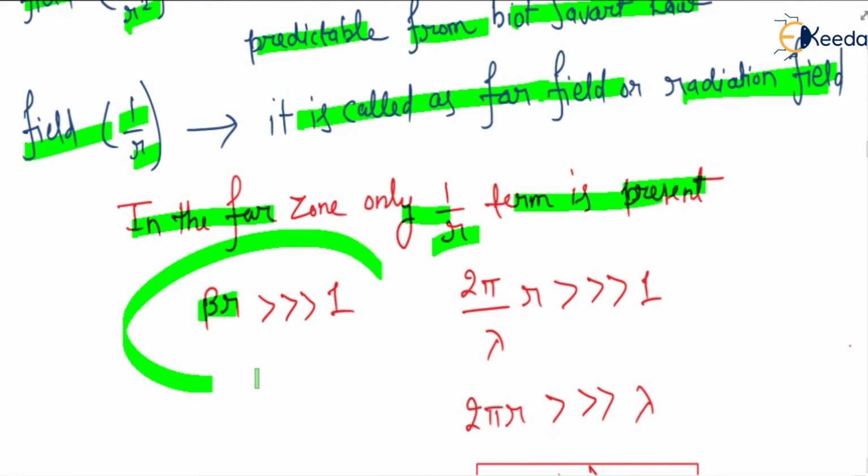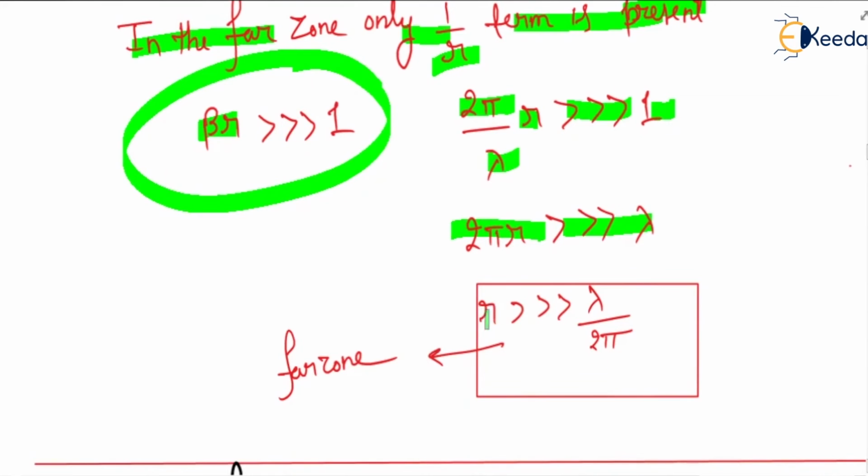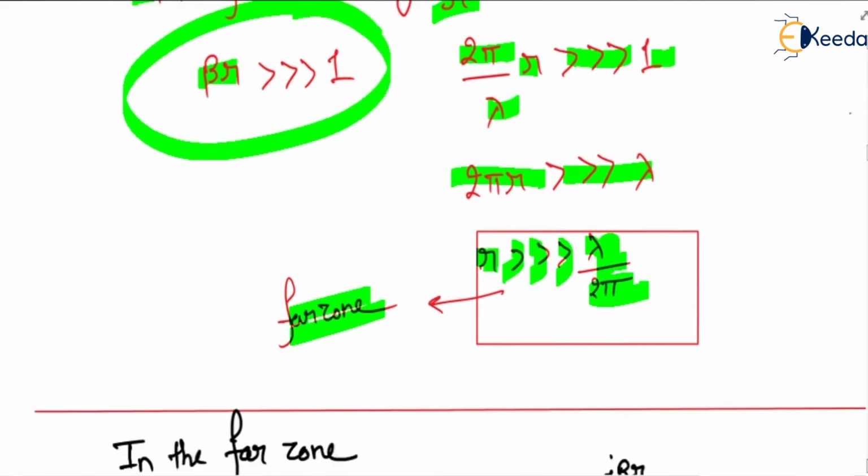Far zone is when beta r is greater than 1. It means 2 pi by lambda into r is greater than 1. It means 2 pi r is greater than lambda. In the far zone, r is greater than lambda by 2 pi. So this is called the far zone.